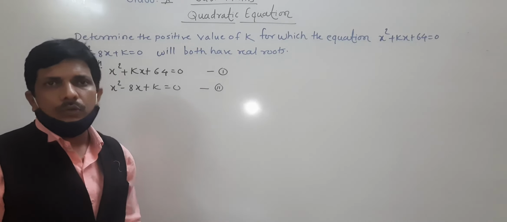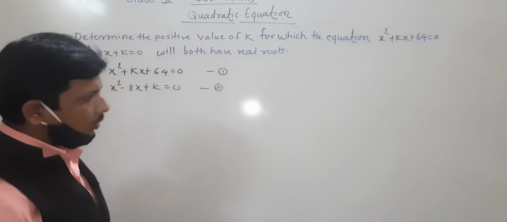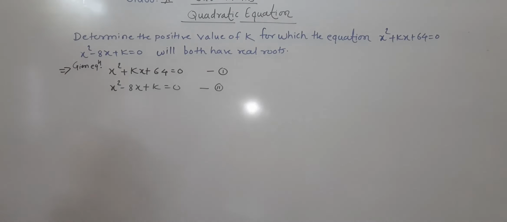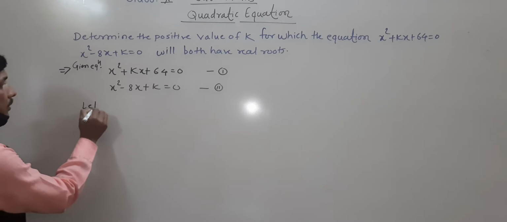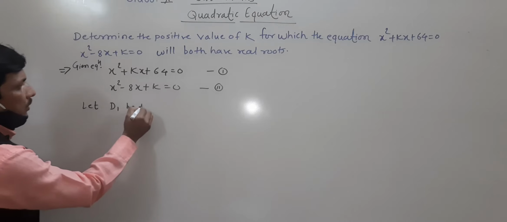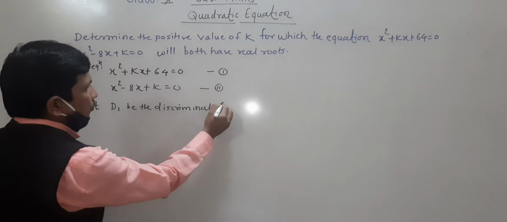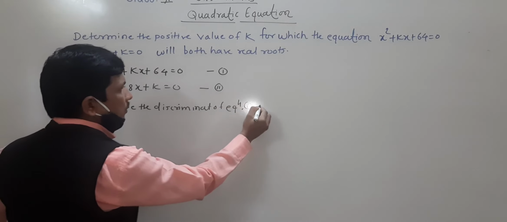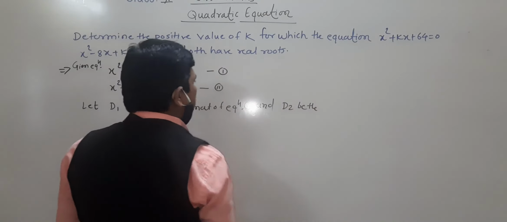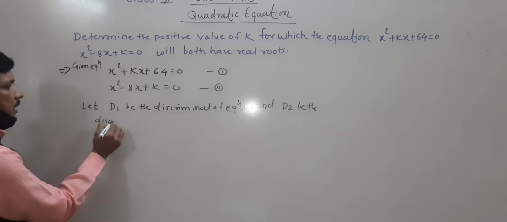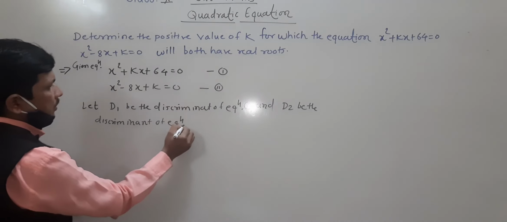Understood? Real roots means what? D, the discriminant, is greater than or equal to 0. Okay, so both the equations will satisfy the same condition. Now I am saying here, let D1 be the discriminant of equation 1 and D2 be the discriminant of equation 2.